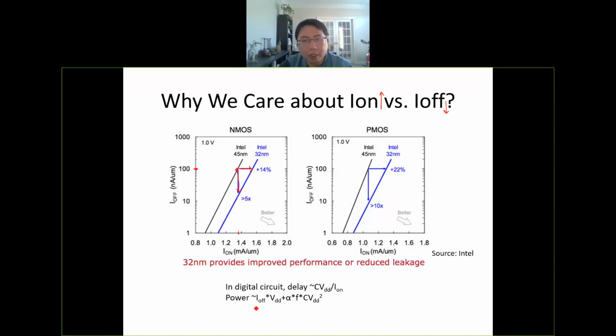And also for the power, one of the power components is the standby leakage power, which is I_off times V_DD. If you reduce I_off, then you reduce standby leakage. So by the scaling, you wish that you can push this trend towards this corner, which means larger I_on, smaller I_off. And this is the motivation to do the scaling. And when you do the scaling, you may achieve that.